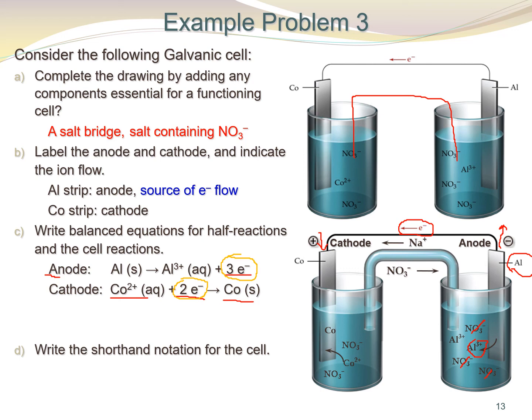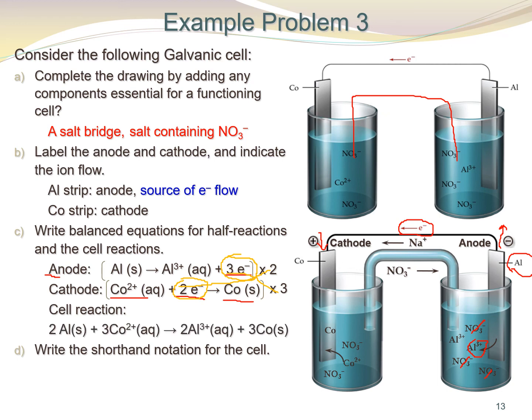We have to multiply each half reaction by the coefficient of the electrons from the other reaction. 3, 2. That leads us to the cell reaction as such. The coefficient of aluminum is 2. The coefficient of cobalt is 3. And only in this way do you start to see the charge has balanced.